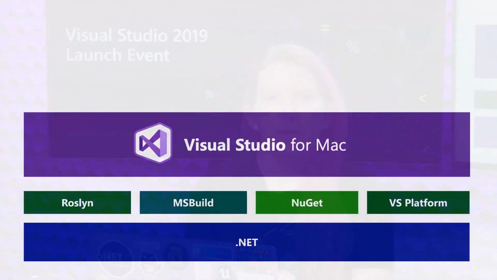And it's built on the same foundations as Visual Studio for Windows. So it's built on Roslyn. That's where it gets the IntelliSense and code analyzers and fixes, all the same ones you have access to on Windows. It uses MS Build as the build system, NuGet for package management, and various other pieces of the Visual Studio platform, and it's all built on .NET.